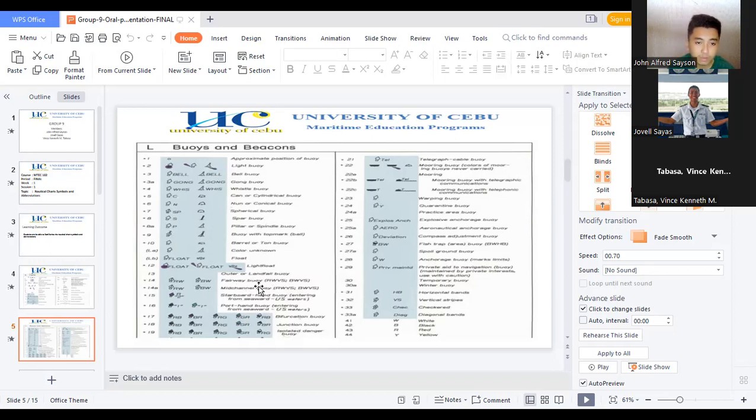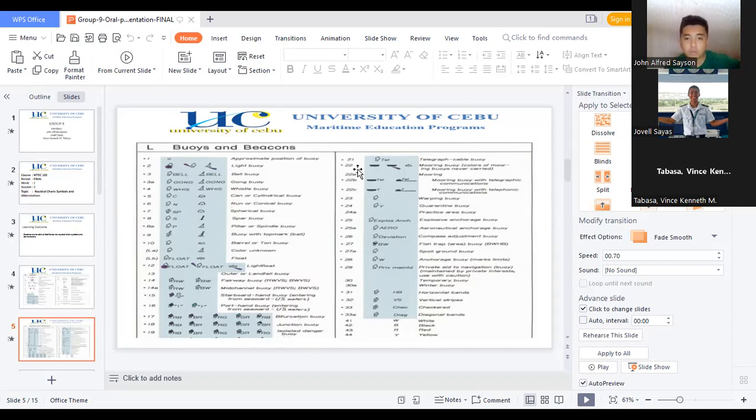Number 14, fairway buoy, and 14A is mid channel buoy. Number 15 is starboard hand buoy entering, and number 16 is port hand buoy entering. Number 17 is bifurcation buoy. Number 18 is junction buoy, and number 19 is isolated danger buoy.